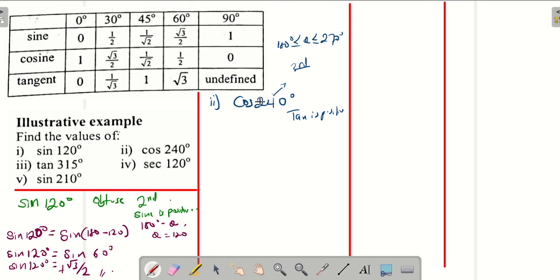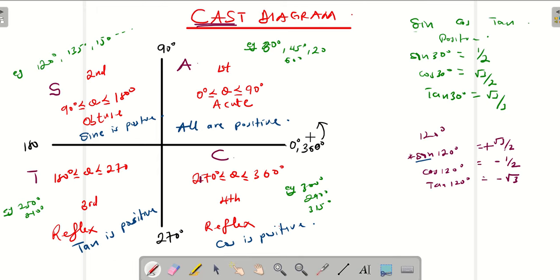Then the other aspect is the formula in the third quadrant. I gave these formulas the other time.